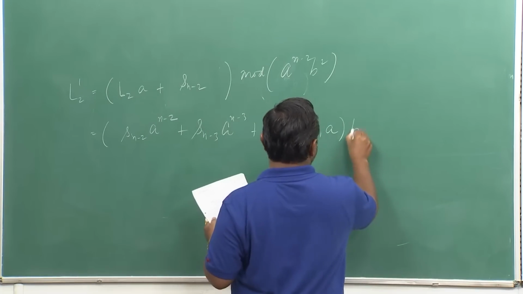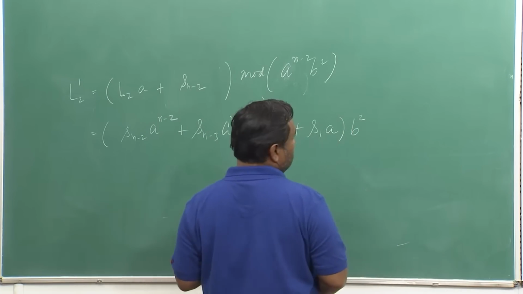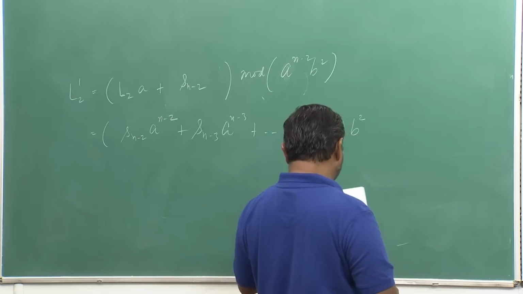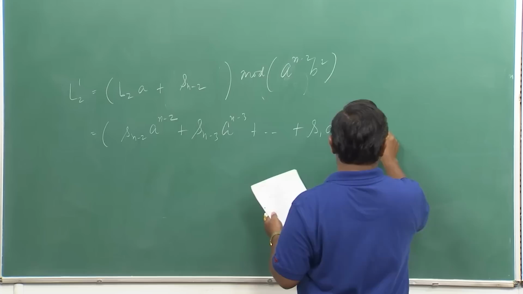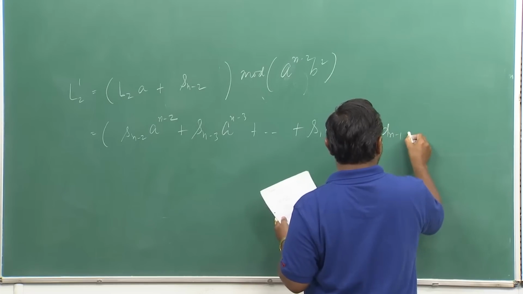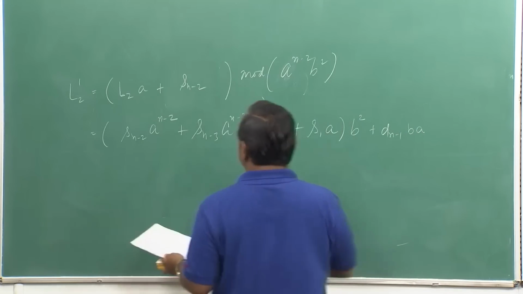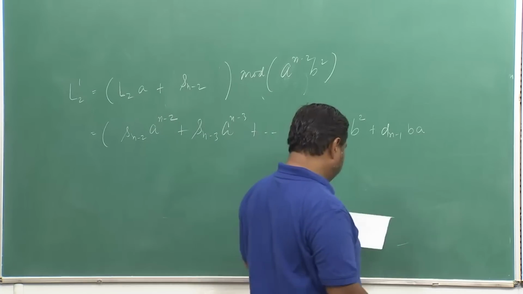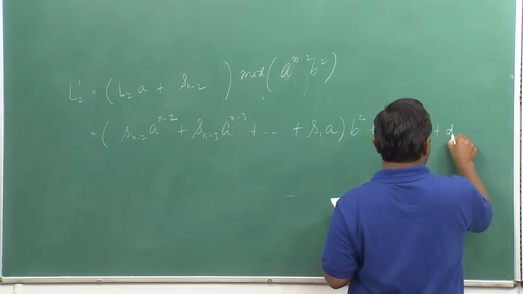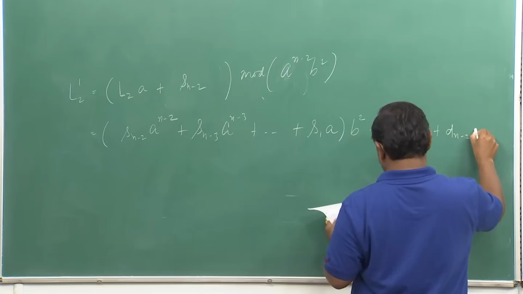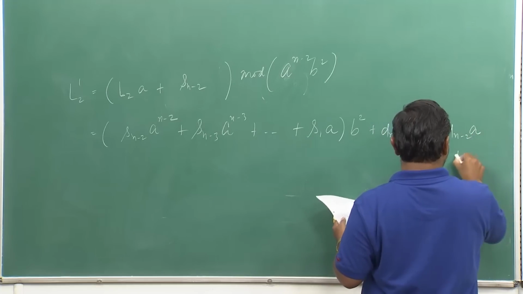This whole thing will be b square plus dn minus 1. So, there is a b, so I have to also multiply by a because of this a. This also has to be multiplied by a.